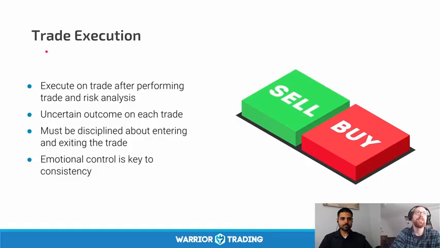Now, the next core concept is trade execution. So executing trades, you have to first perform your risk analysis, and you have to perform at least your due diligence on fundamental analysis and on technical analysis. So once you have broken down the pattern and you're like, okay, this candle is about to make a new high, I know if it breaks over 774, I'm a buyer.